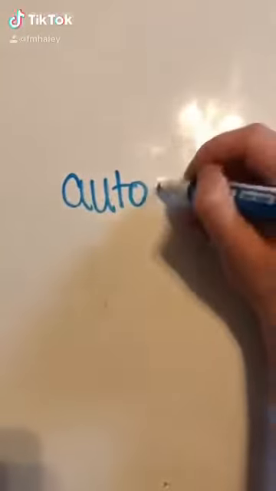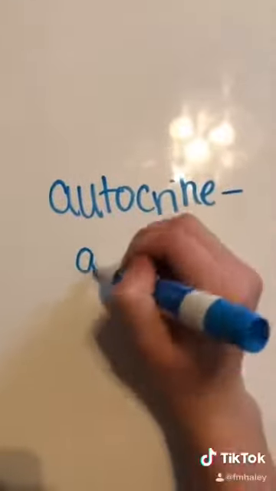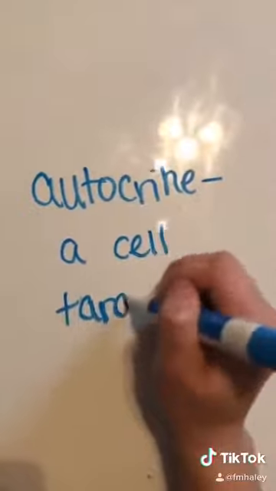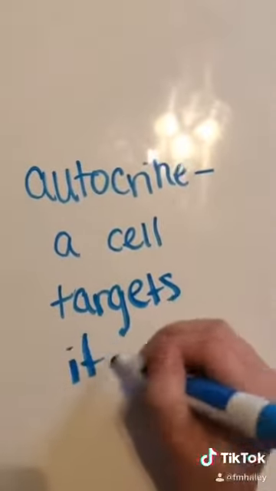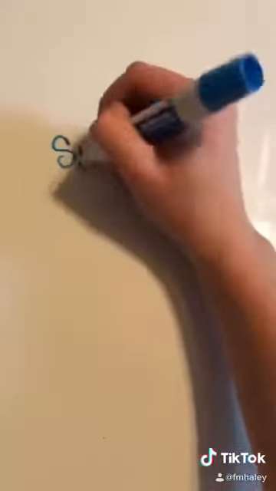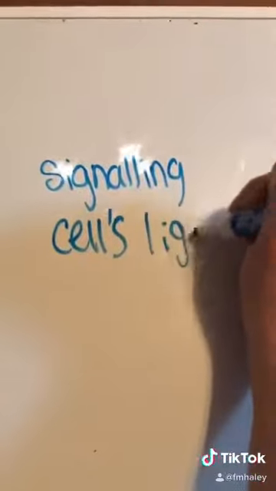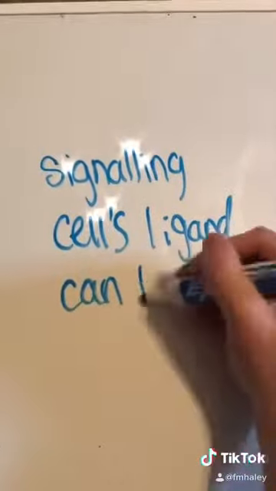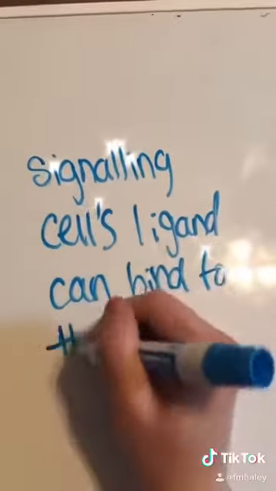The first kind of cell signaling is called autocrine signaling, where a cell targets itself. During autocrine signaling, a cell signal or ligand may bind to itself or similar cells.